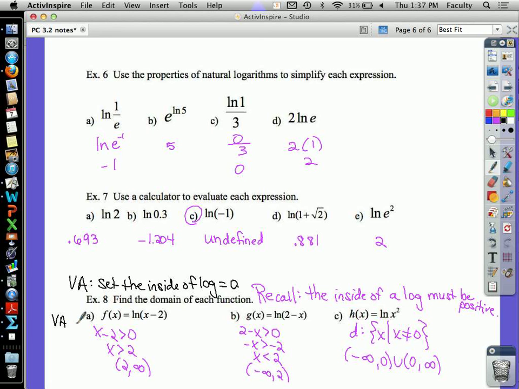The vertical asymptote, if you set x minus 2 equals 0, the vertical asymptote is x equals 2. And what's interesting is if you set 2 minus x equals 0, and didn't we see that on the graph? And then in letter C, the vertical asymptote was x equals 0.